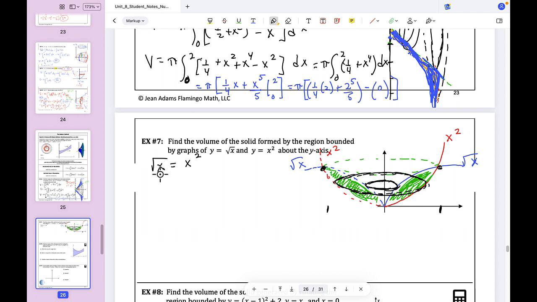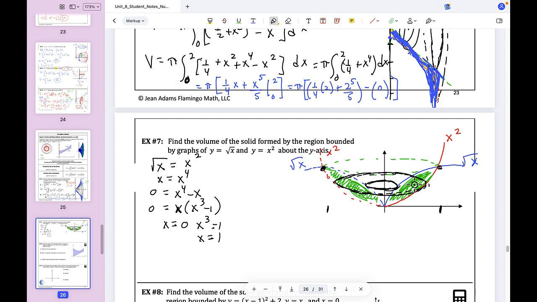If I square both sides, I get x equals x to the 4th. So x to the 4th minus x equals 0. I'm going to factor an x out, so they're going to intersect at x equals 0 and at x cubed equals 1, or x equals 1. That's where they're going to intersect.